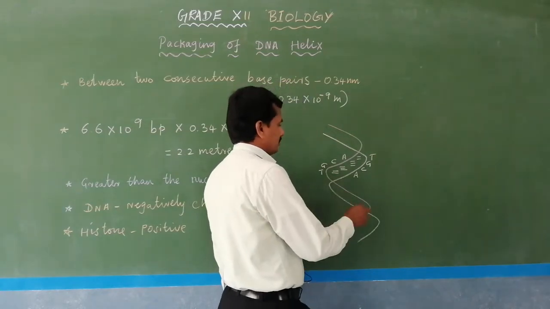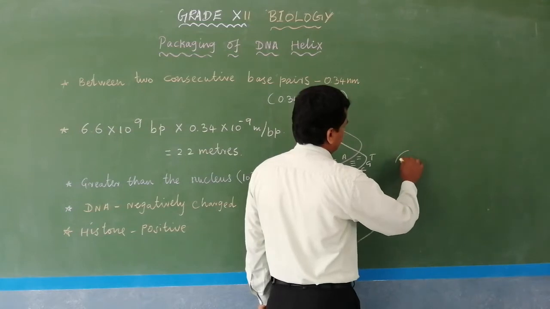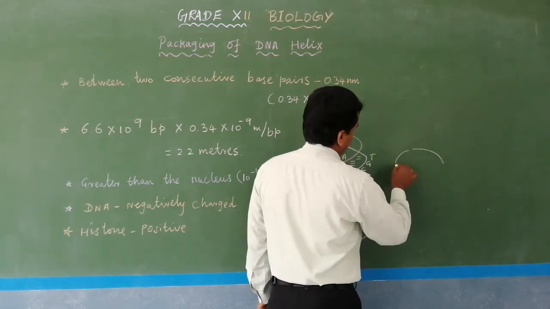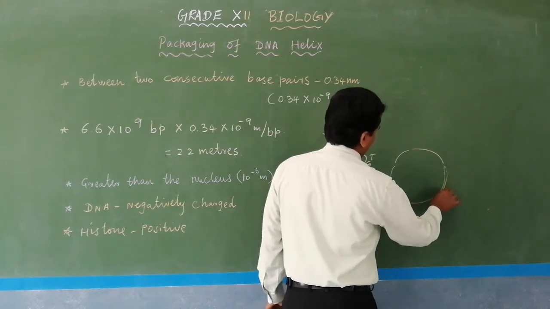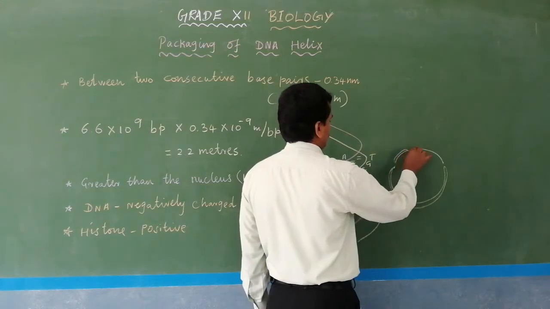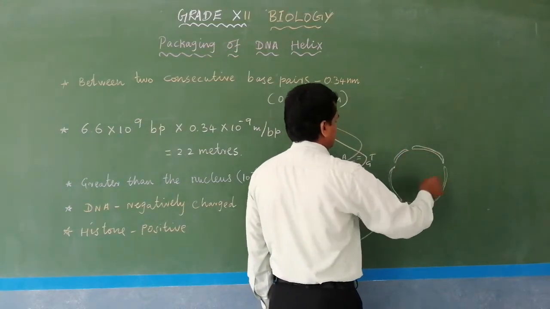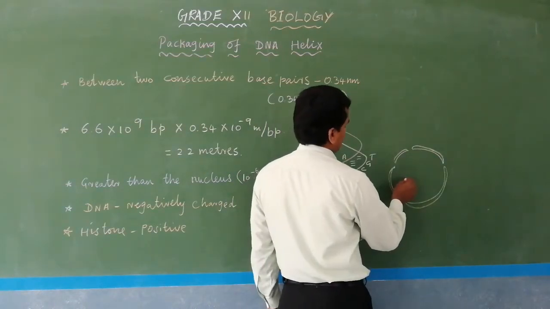DNA is present in the nucleus. This is the structure of the nucleus, with the nuclear membrane, the nuclear pores and the chromatin reticulum.